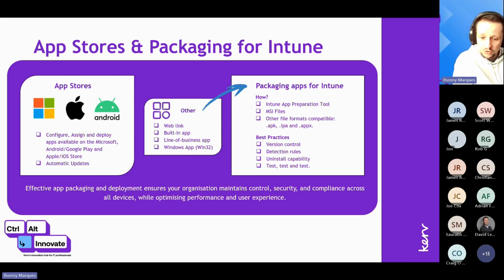And once that's gone through, then you can deploy it to a broader audience. And this is not just installing, but making sure that the detection works correctly and that you can actually uninstall the app. But as I said, we'll be focusing more on packaging in a different session. We don't have a date yet, but as soon as we do, we'll make sure that we make you all aware of it.